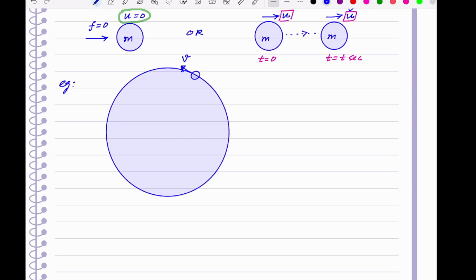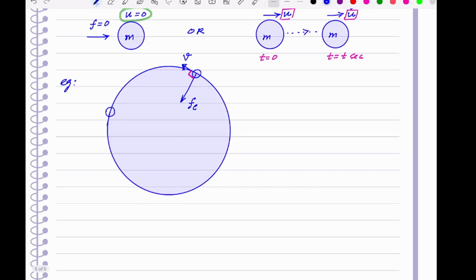When it is having a circular motion, there is a centripetal force acting towards the center, Fc. Now you will see that these two quantities are perpendicular to each other. Understand this very carefully. Then after some time it moves here. When it moves there, still the speed is going to be v, the same v as before. The reason? There is no external force acting on it to change the speed.